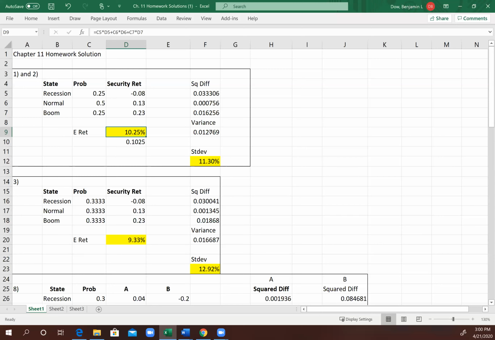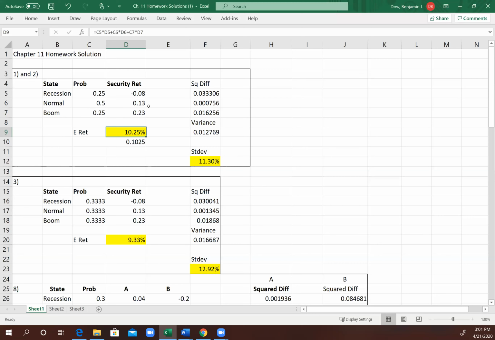So if you wanted to visualize it, over a 10-year period, about 2.5 years, you'd have a recession, and you could use 100 years if you wanted to. Over a 100-year period, you'd have 25 years of a recession. And during a recession, this stock would lose on average about 8%. 50 years would be in normal economic times.